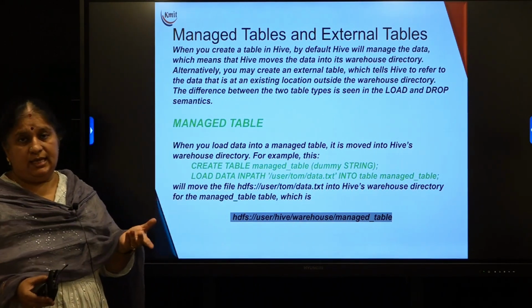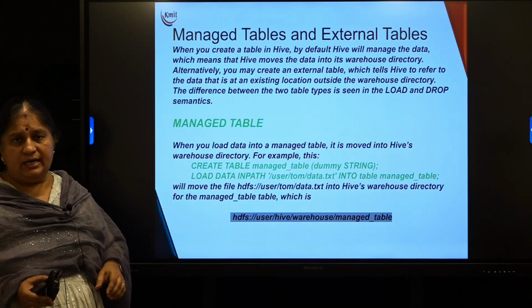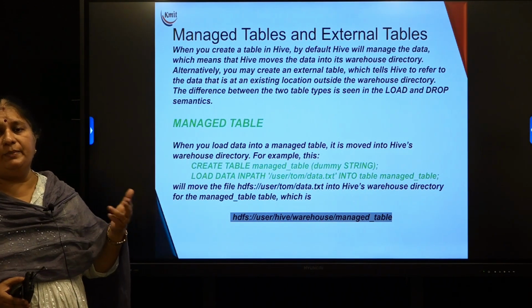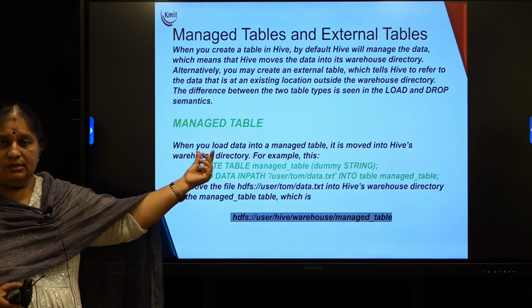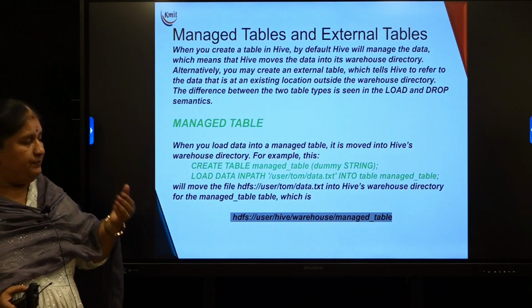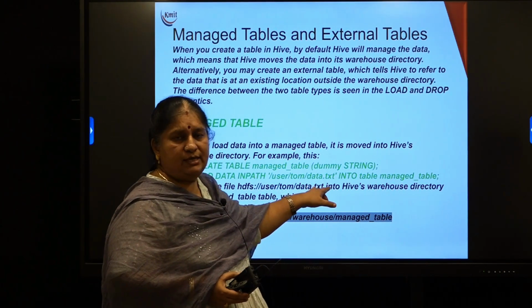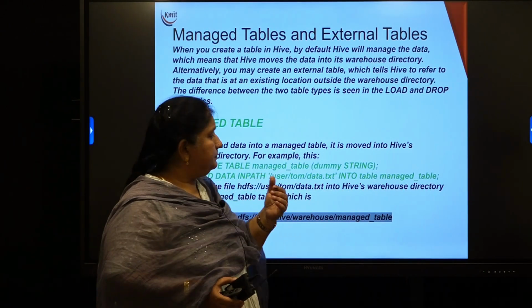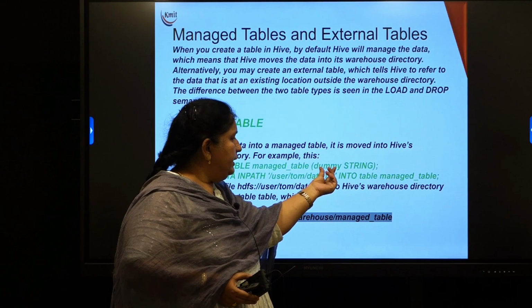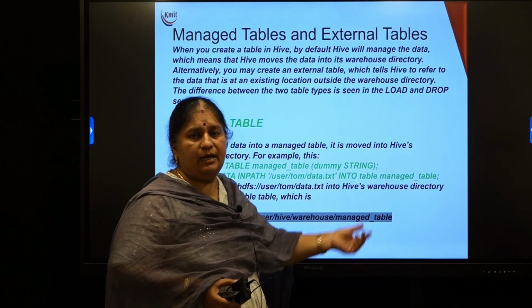Suppose boolean is there in the file. Boolean cannot be stored in any other data type. We have learnt boolean cannot be cast to any other data type. So there is a mismatch of schema and the data. What I am trying to say is, in data.txt, for example, I have used boolean data, true, false, and I am trying to load it into this table which has a single field of data type string.